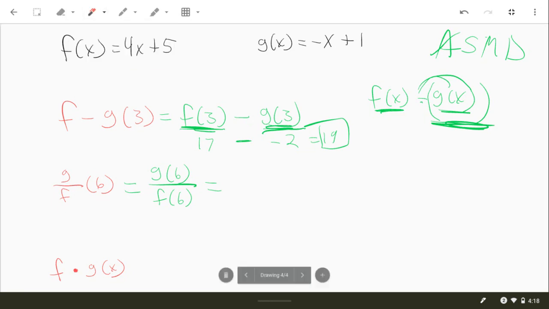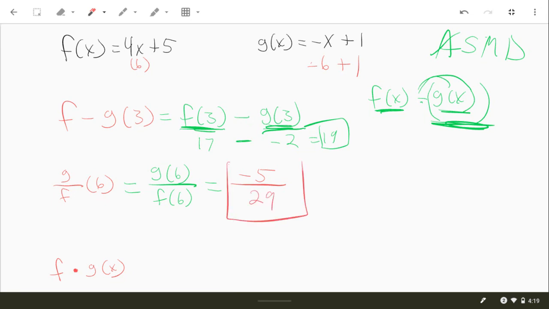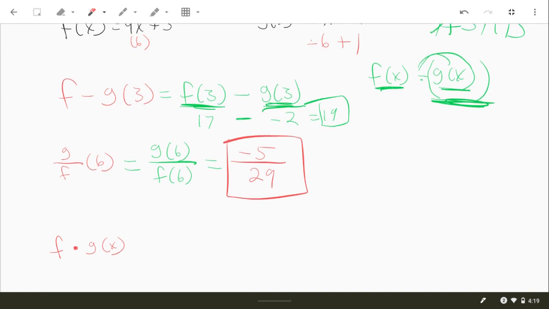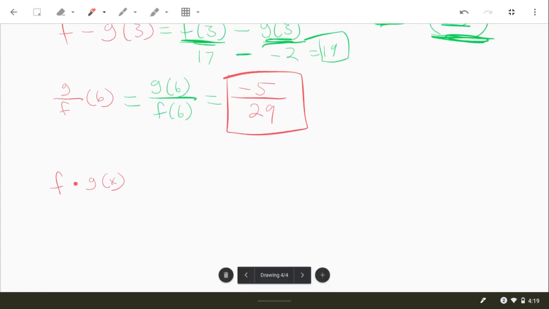Okay, so this is going to be negative 6 plus 1, which is negative 5. And then f of 6, plug in 6 for the x here. 4 times 6 is 24. 24 plus 5 is 29. And this ugly thing is the answer. You always want to check and see if that simplifies, but in this case it doesn't.